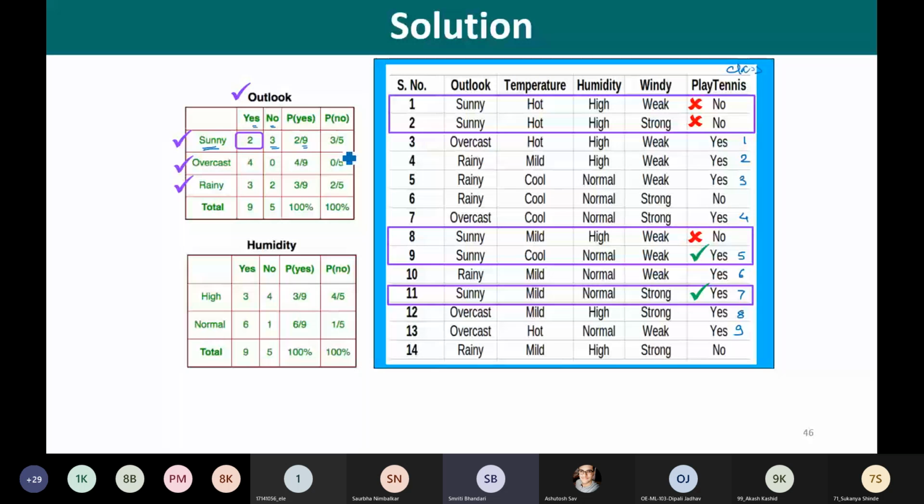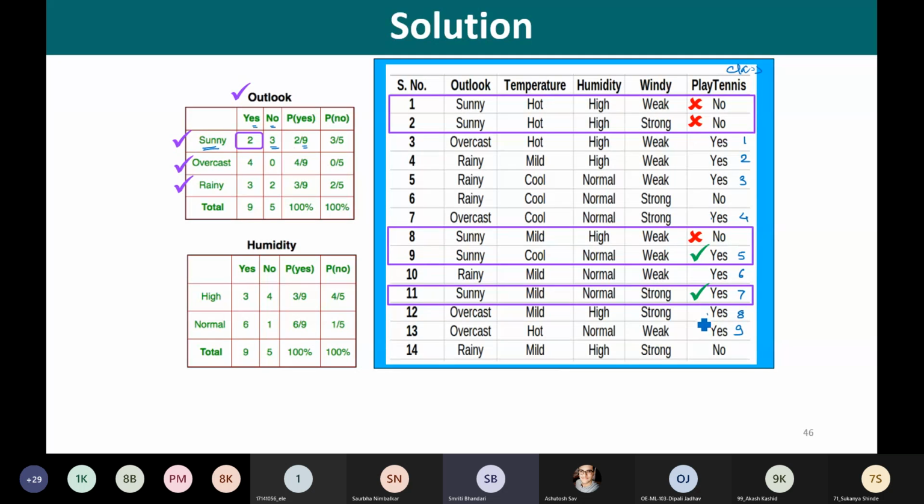Similarly, we can compute these probabilities for the remaining 2 attribute values, overcast and rainy. If you refer to our training data set, you may find that we have 4 instances with outlook value as overcast, and all those 4 instances, 1, 2, 3 and 4, have the play tennis value equal to yes.